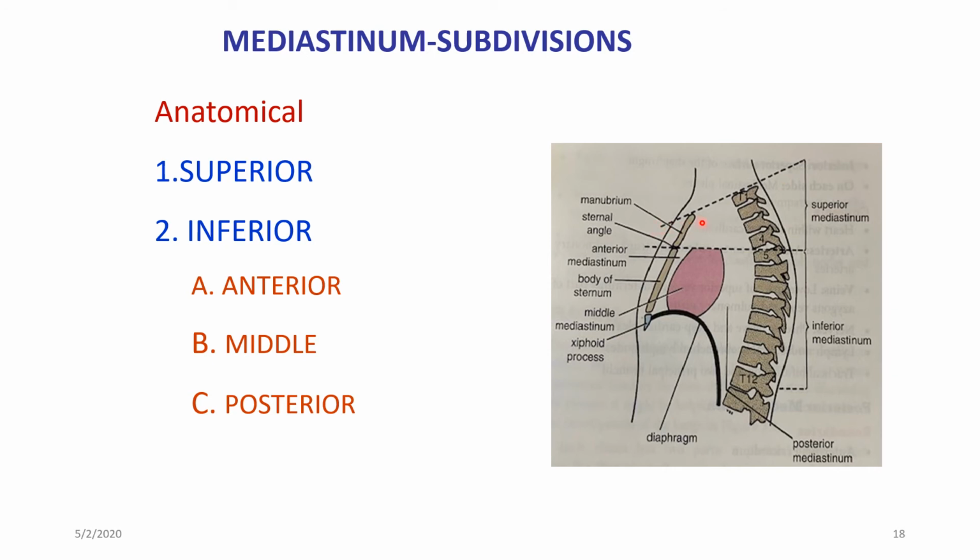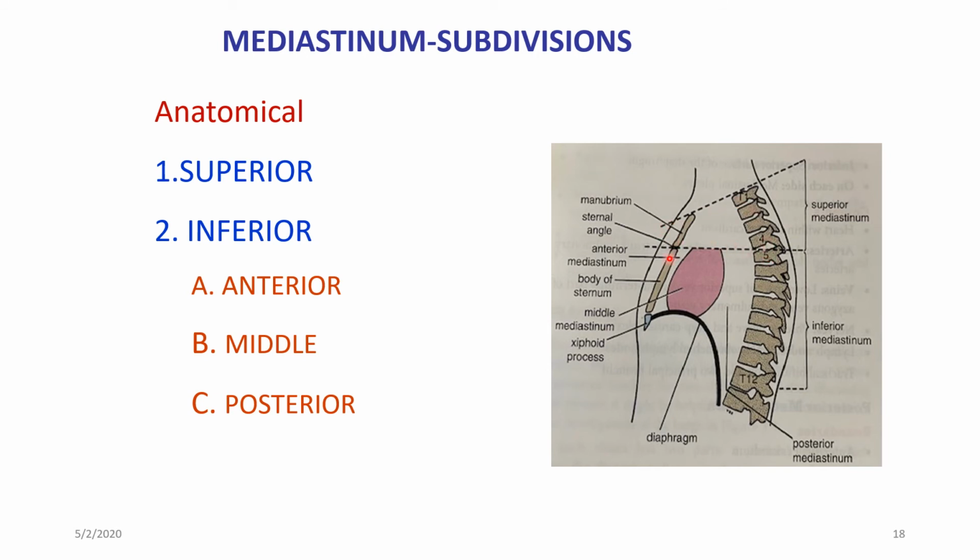So passing from the upper border of manubrium to the body of the T1 vertebra. Then the lower imaginary line is at the lower border of the manubrium, that is at the junction of manubrium with the body, which is known as the sternal angle, and from there posteriorly to the intervertebral disc between the T4 and T5.